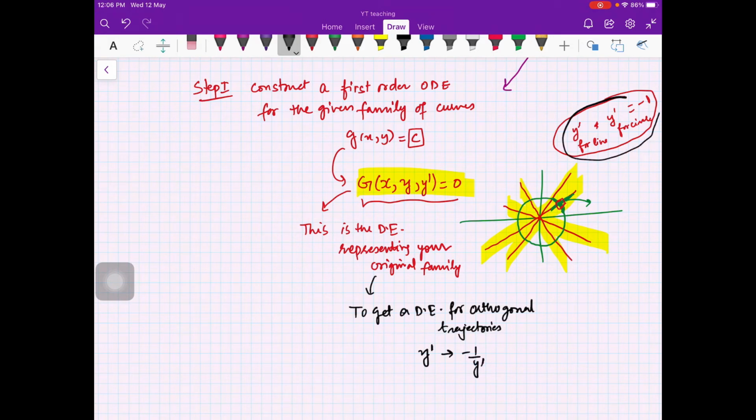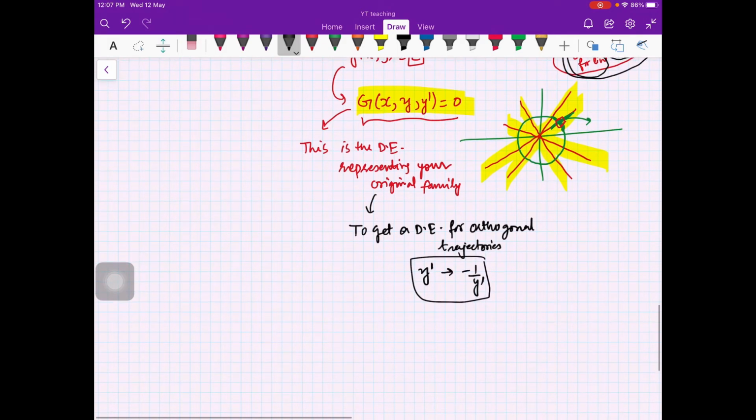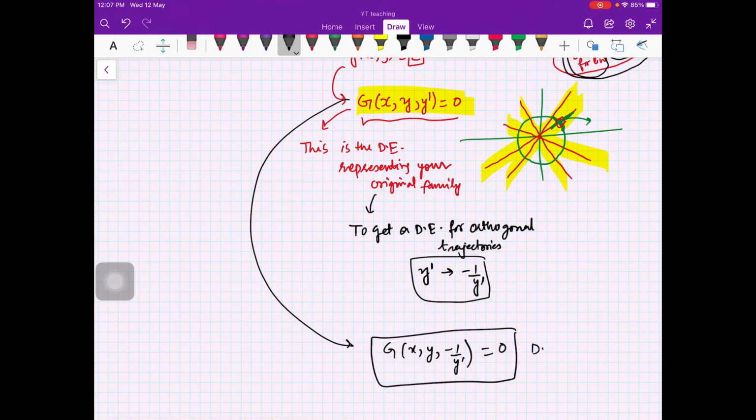Because this is a relation. If you want y dash for the circle, you will replace y dash for the line with -1 by y dash for the circle. If you do so, you will get another equation, which is g(x, y, -1 by y dash). So this is the differential equation of the orthogonal trajectory.